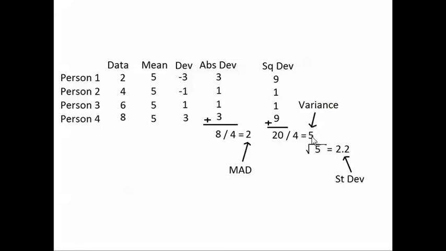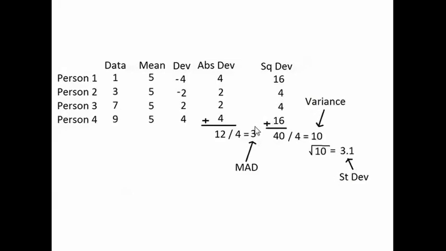When the variance increases, the standard deviation has to increase along with it, because the standard deviation is just the square root of the variance. The standard deviation comes straight from the variance, so when the variance goes up, the standard deviation has to go up along with it.